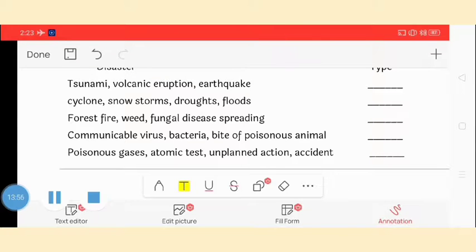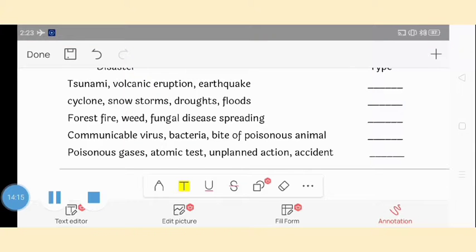Communicable viruses, bacteria, bite of poisonous animal is also biological, belonging to animals. Poisonous gases, atomic test, unplanned action, accident is man-made and unknown.